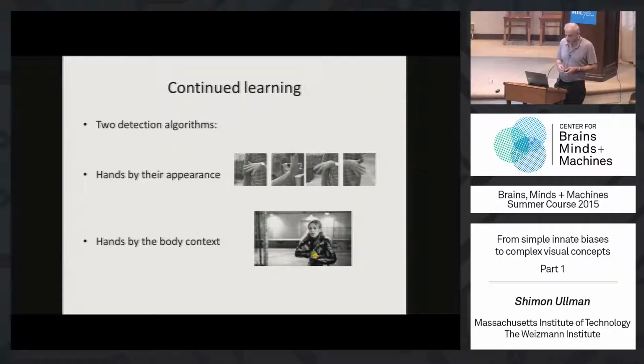This also happens in this system, but this continues to develop because eventually we can learn hands not only in this grasping configuration. Later on, we want to be able to recognize any hand in any configuration, and so the system needs to learn more.